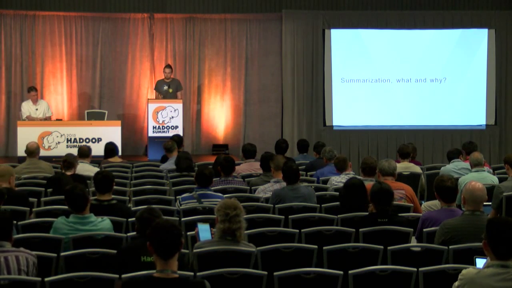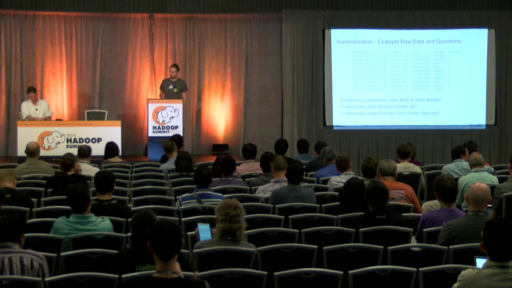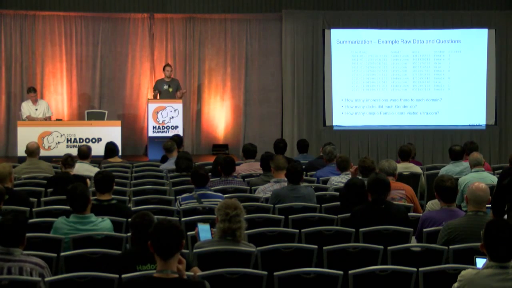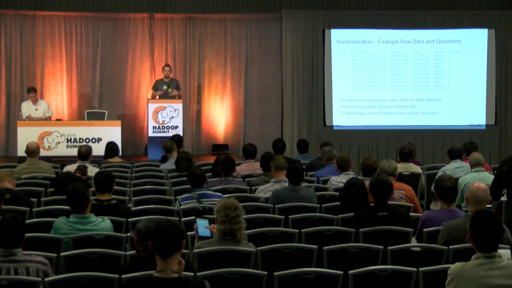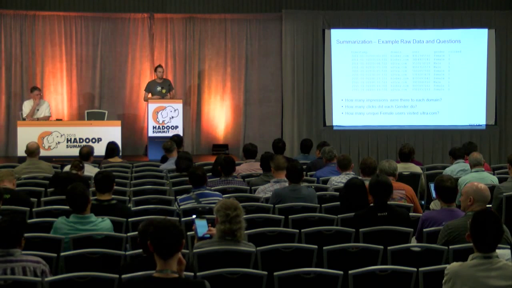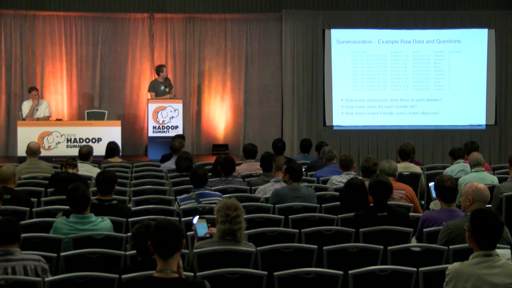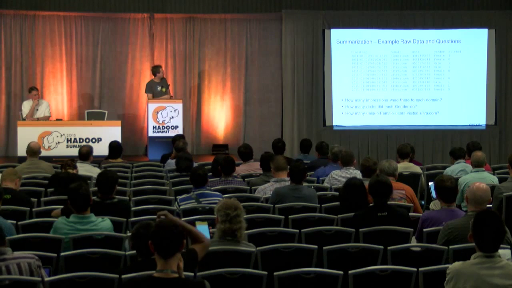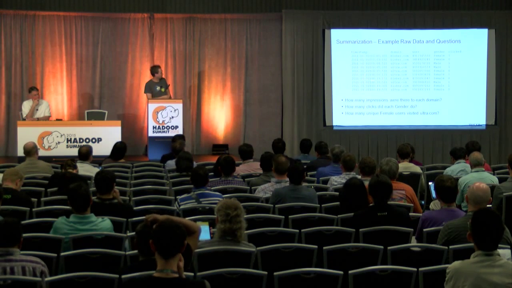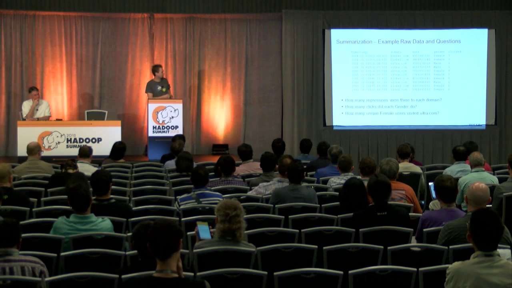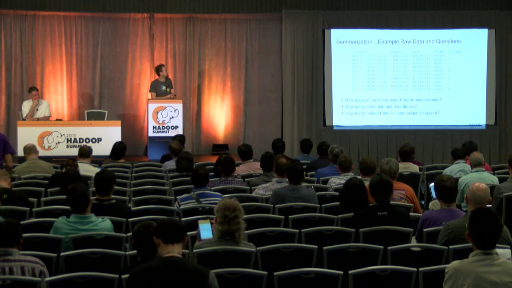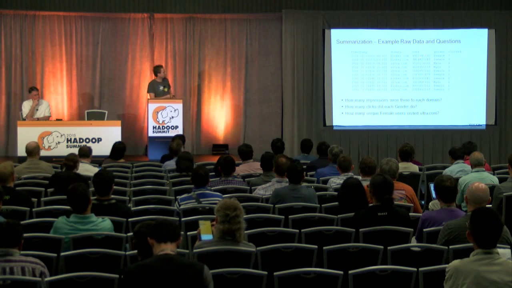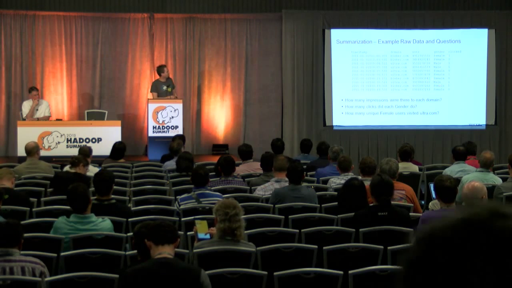To define what summarization is, I'm going to start by showing you what our data looks like and some of the questions we might ask about it. This is some made-up data. We have a timestamp column, a domain column, which would be the domain that a user visited, the ID of the user, what gender that user happens to be, and whether or not they clicked on an ad.